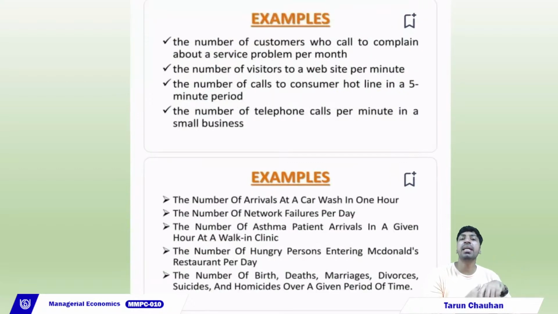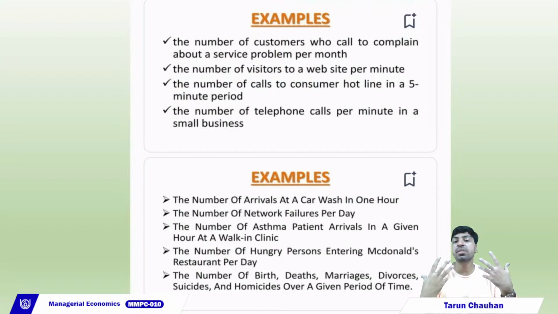These are follow-up examples to give more clarity about the Poisson distribution. The number of customers who call to complain about service problems per month. The number of visitors to a website per minute or per second. The number of calls to a consumer hotline in a 5-minute period.